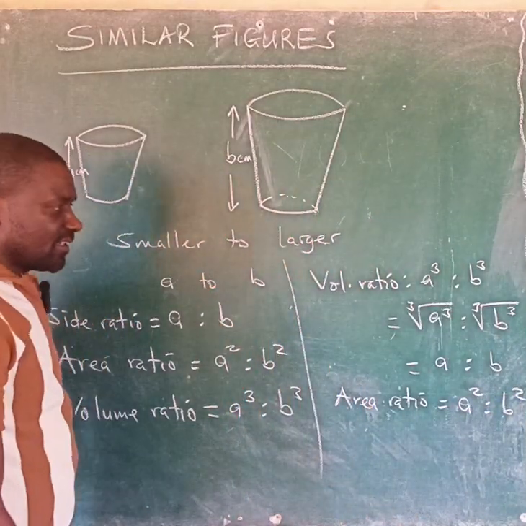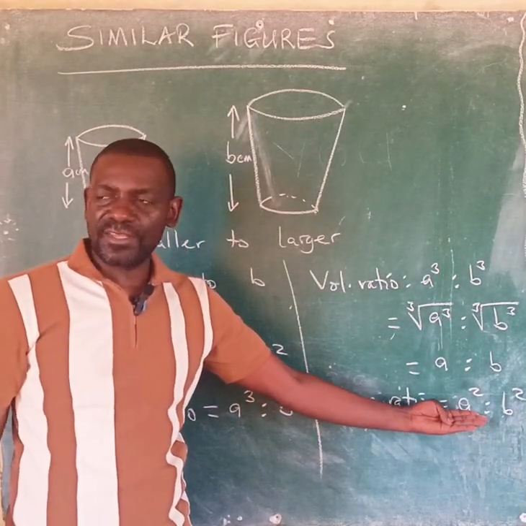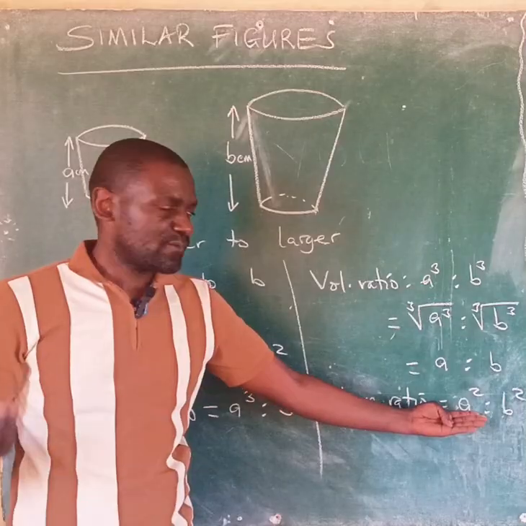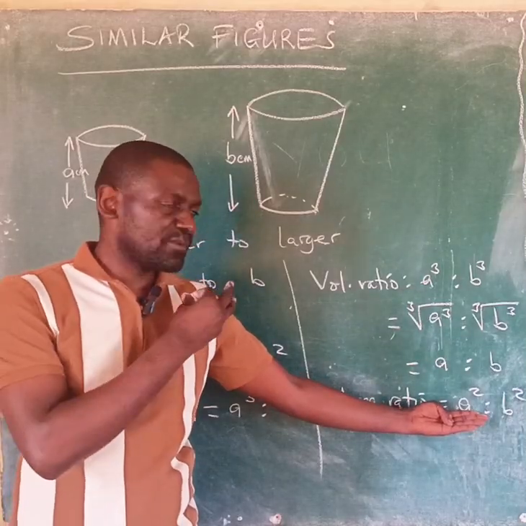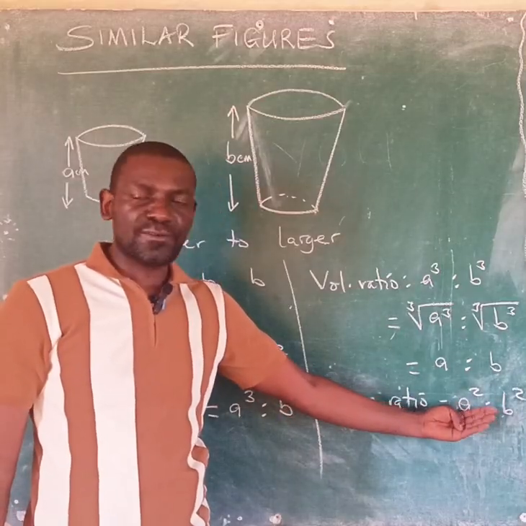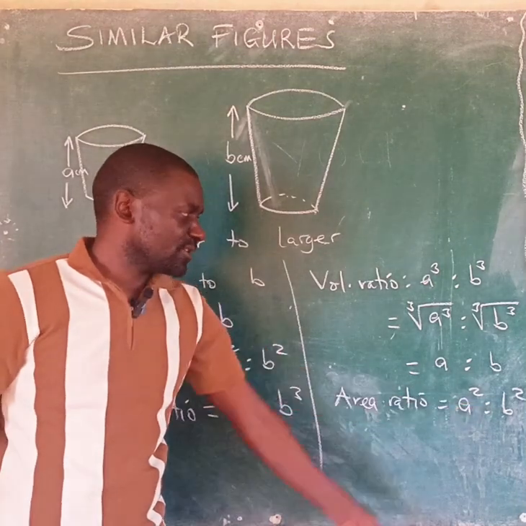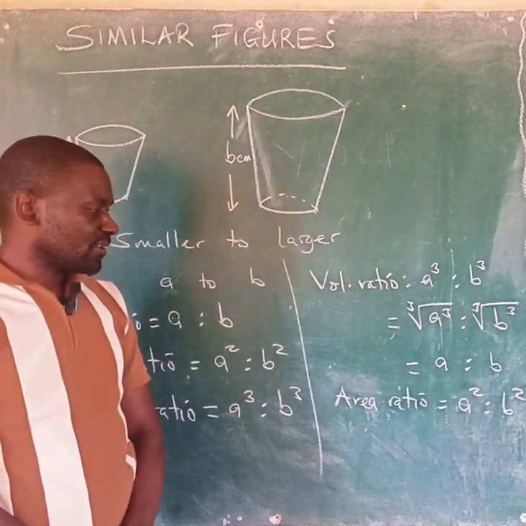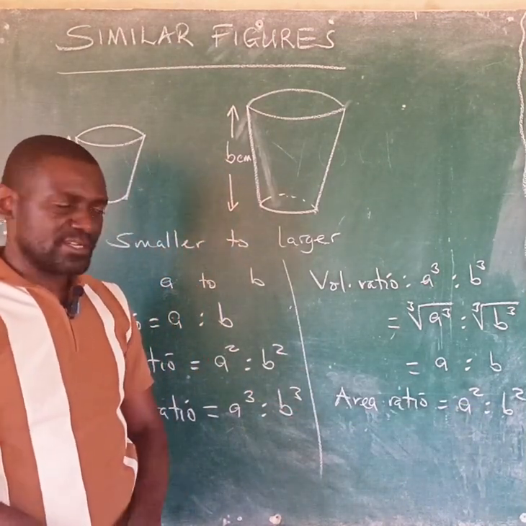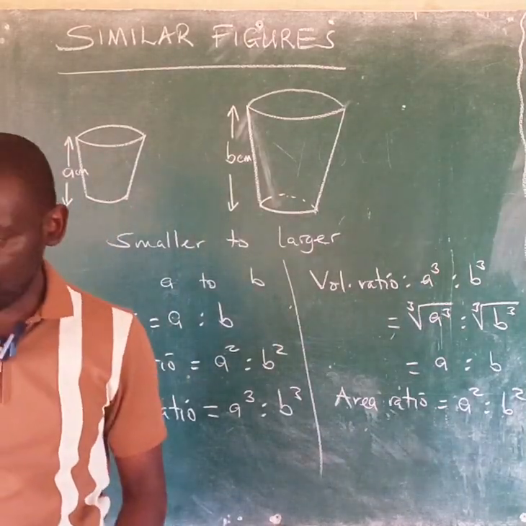The same thing in case you are given the area ratio, then they want you to find the volume of maybe one bucket given the volume of the other. The area ratios are converted to the side ratios by simply taking their square roots, and then from there you can raise them to power 3 and you will have the figures to use.